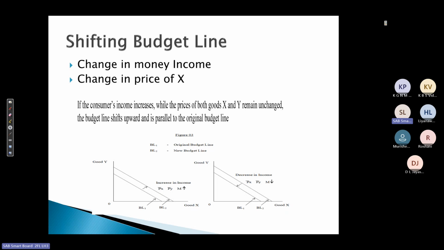Now we are looking at what kind of factors shift the budget line. Earlier we talked about shifting. There can be a situation where the consumer goes to a higher level of satisfaction, which lies on a higher indifference curve. In order to do that, there should be a change in income, because the only resource we have is income.